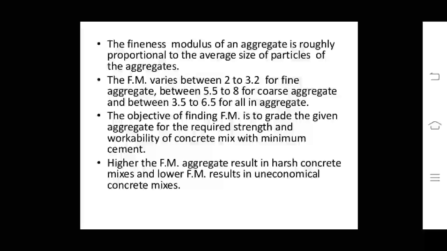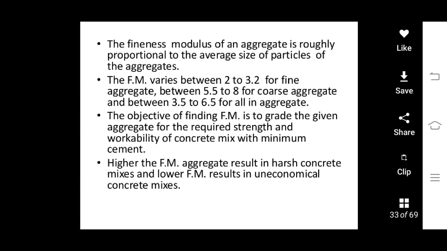The objective of finding fineness modulus is to grade the given aggregate for required strength and workability of concrete mix with minimum cement. A higher fineness modulus results in harsh concrete mixes, and a lower fineness modulus results in uneconomical concrete mixes.